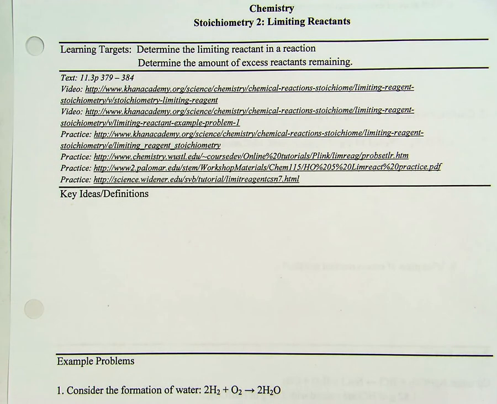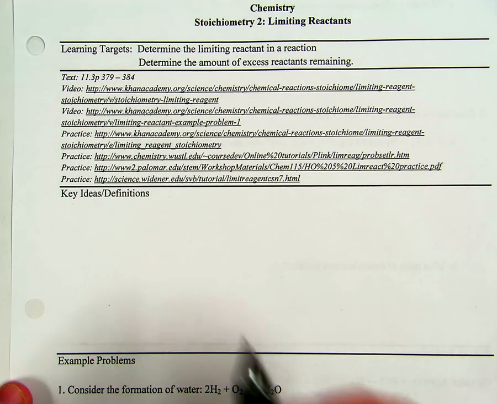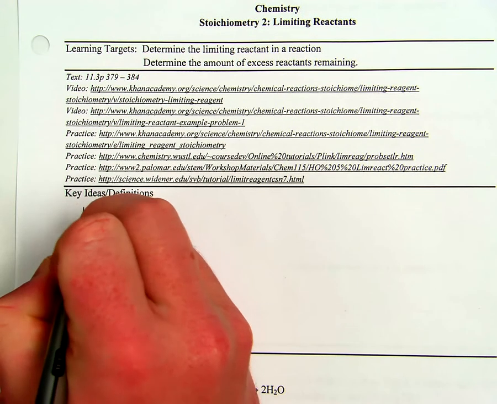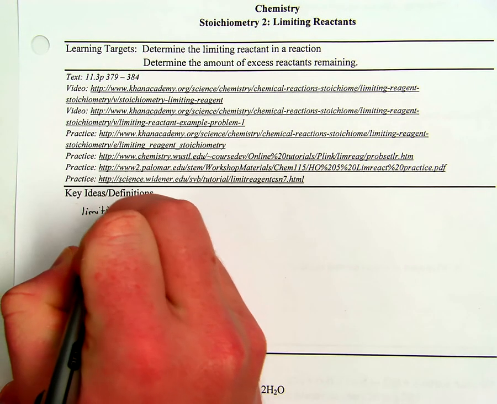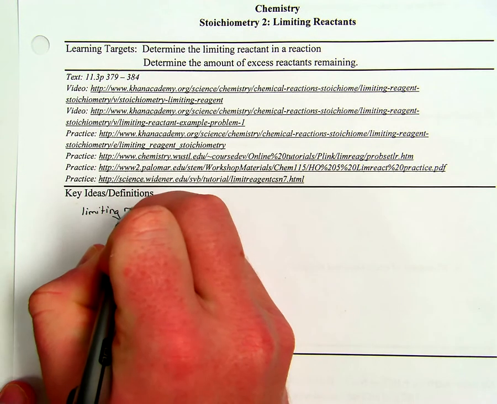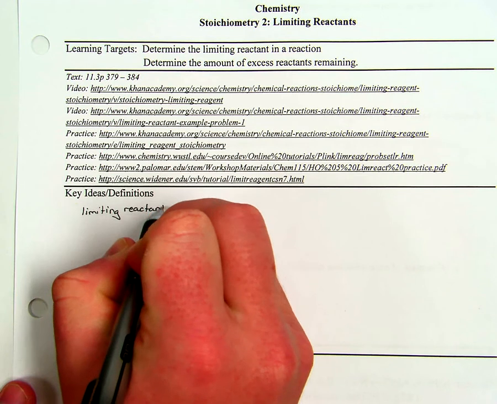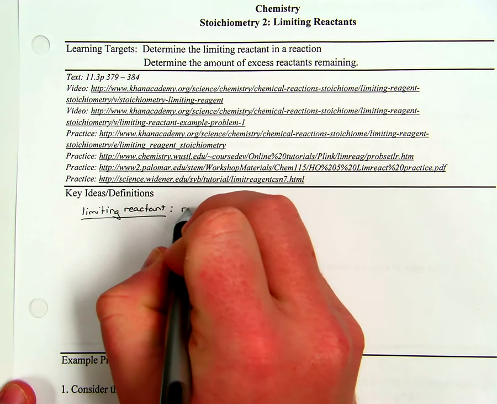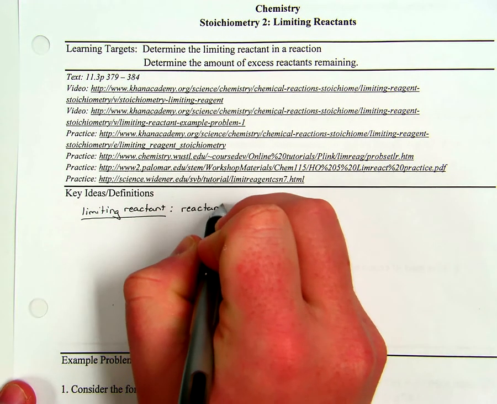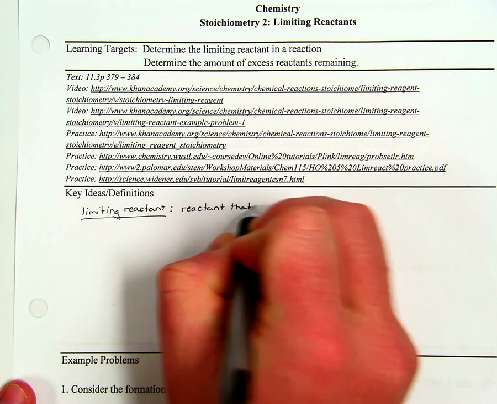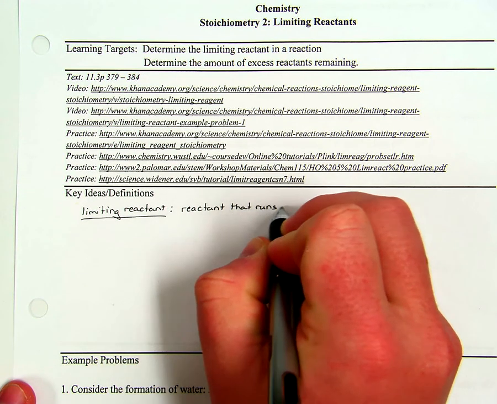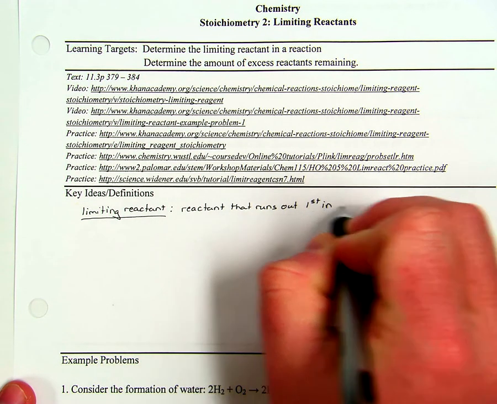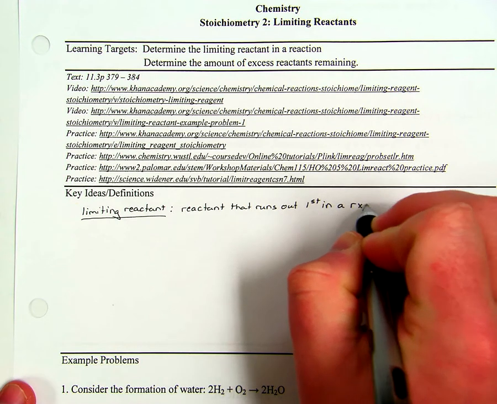Alright, so big key idea for this video. We want to know what a limiting reactant is. So a limiting reactant, there's a couple ways of looking at it. It is simply the reactant that runs out first in a reaction.